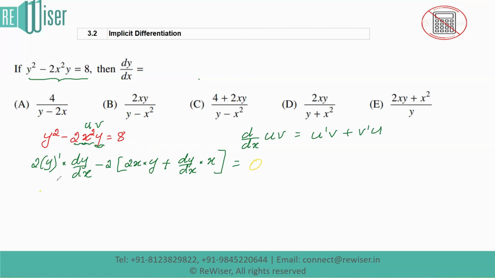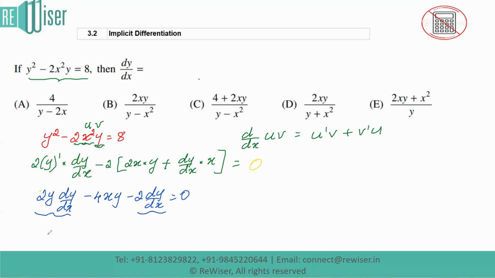And now we have 2y into dy by dx. When I expand this, it is going to be minus 4xy, then minus 2 into dy by dx equals 0. And minus 4xy, I'll take to the other side.